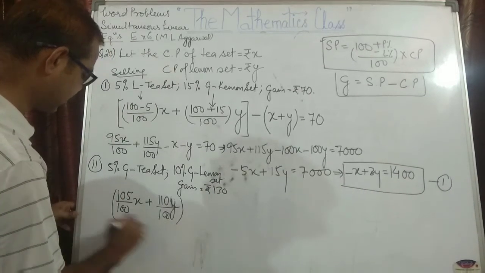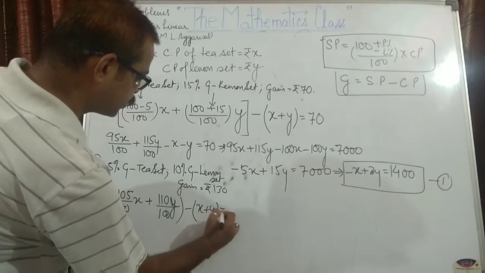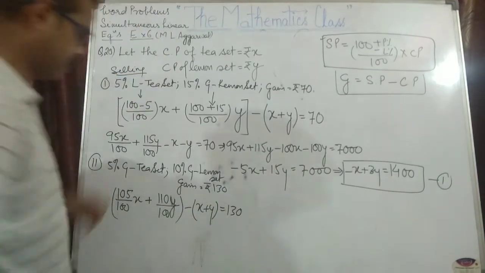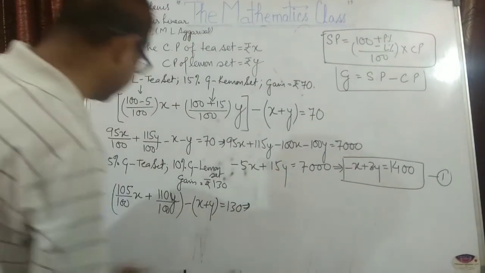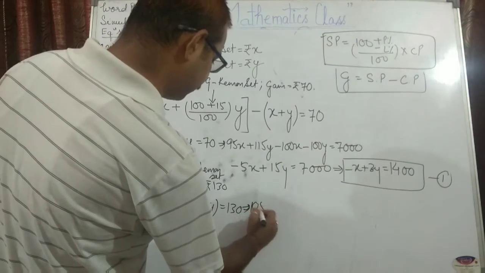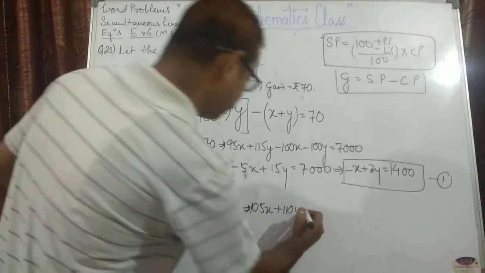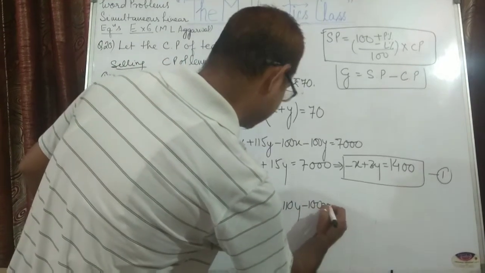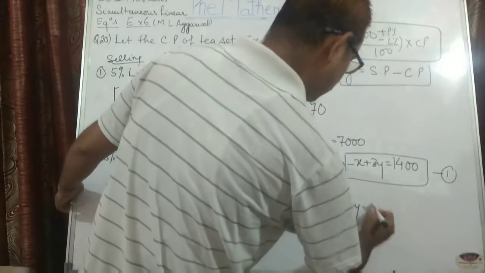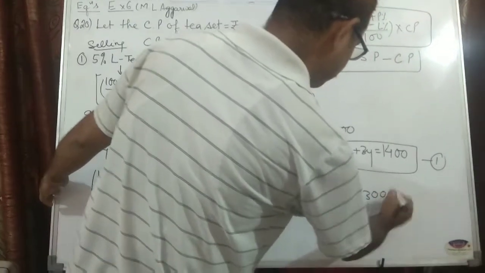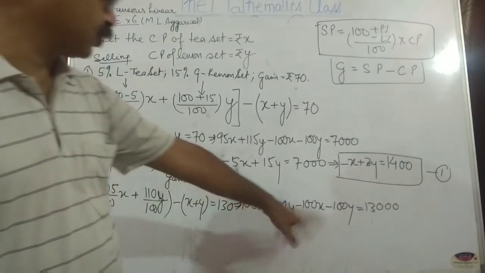This is the total selling price, minus cost price X plus Y, is equal to 130. Now when we solve it out, I am doing it directly: 105x plus 110y minus 100x minus 100y is equal to 13000. We have taken the LCM and solved everything.